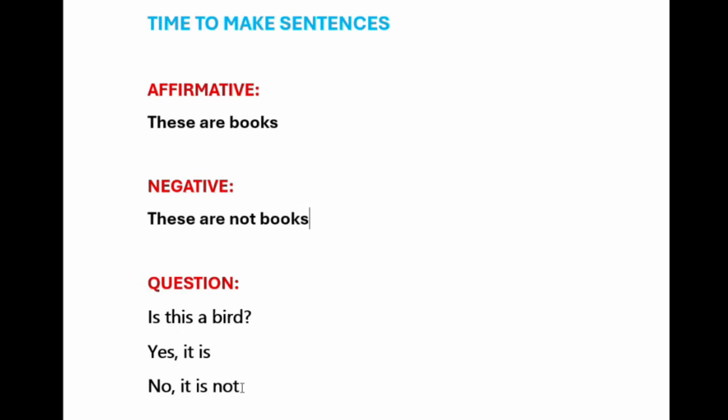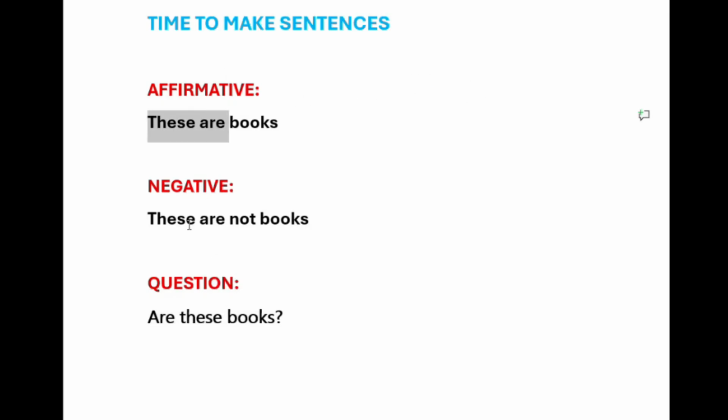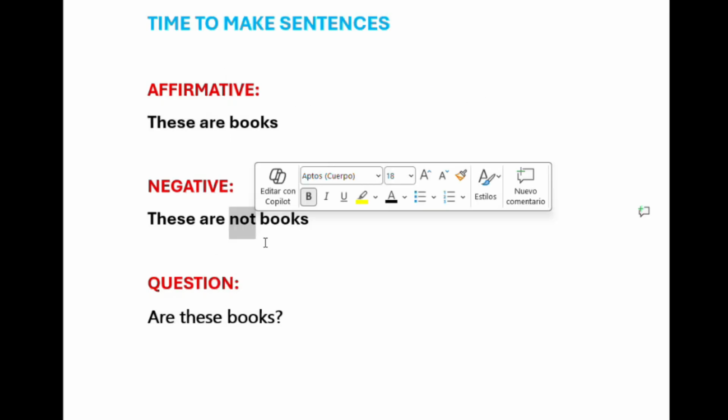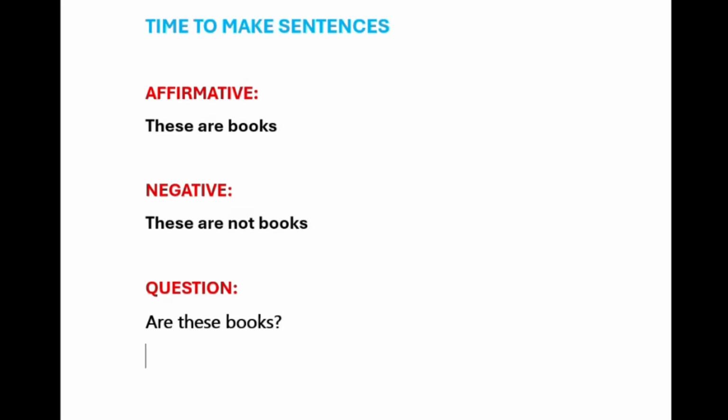And what is the question form? Are these books? Yes, it's very easy, guys. Remember, in a question form, you switch the position, and for the negative form, you add the not. And how can you answer the question form? In a plural form: yes, they are. No, they are not. And it is what it is, guys.